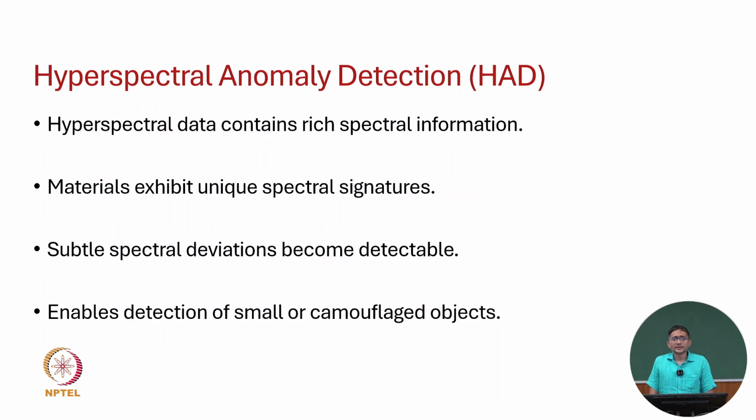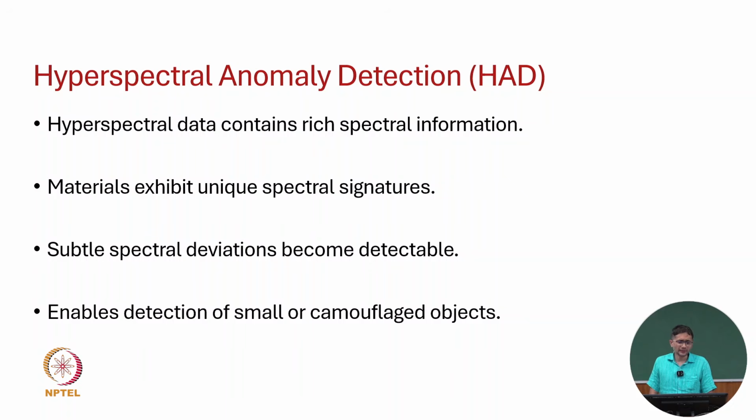So that's what hyperspectral anomaly detection is, to capture these subtle spectral deviations and detect such small or even camouflaged objects from the spectral signature. So this is one important aspect. Such objects can be quite small in size, and we should still be able to detect them.